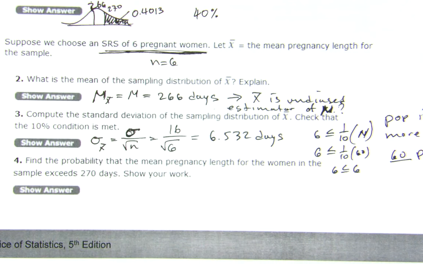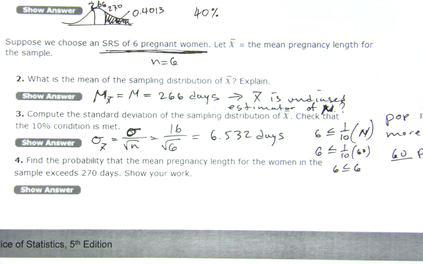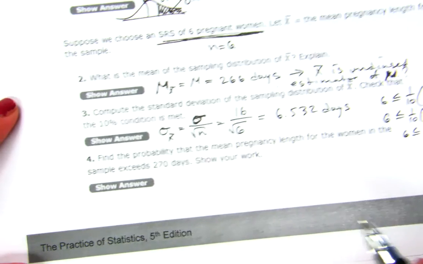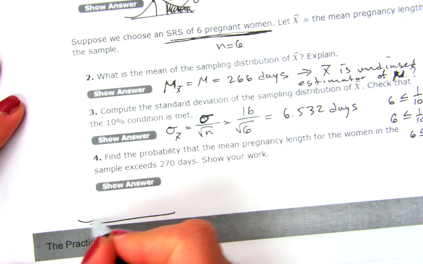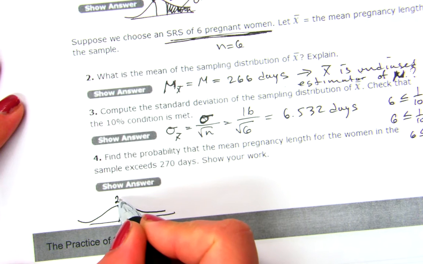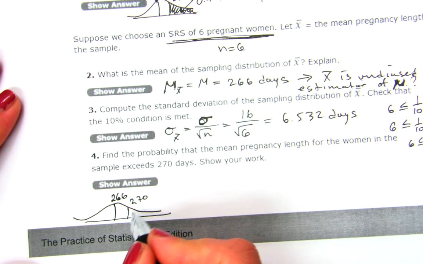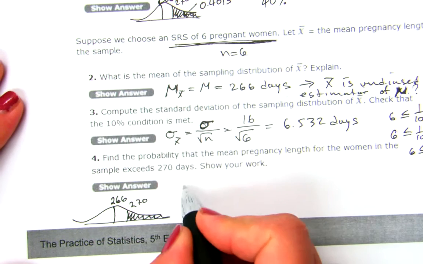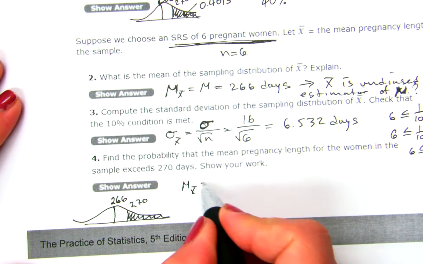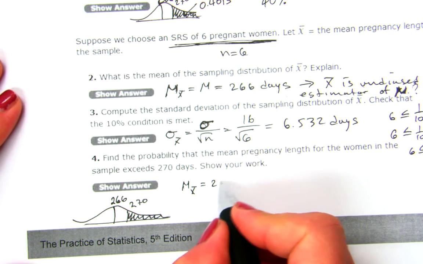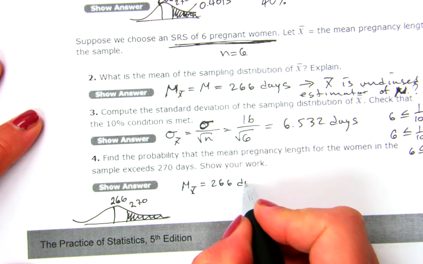Okay, and then number 4: find the probability that the mean pregnancy length for the women in the sample exceeds 270 days. Show your work. So 266 is the mean, over 270. Our mean of X bar was still equal to 266 days.